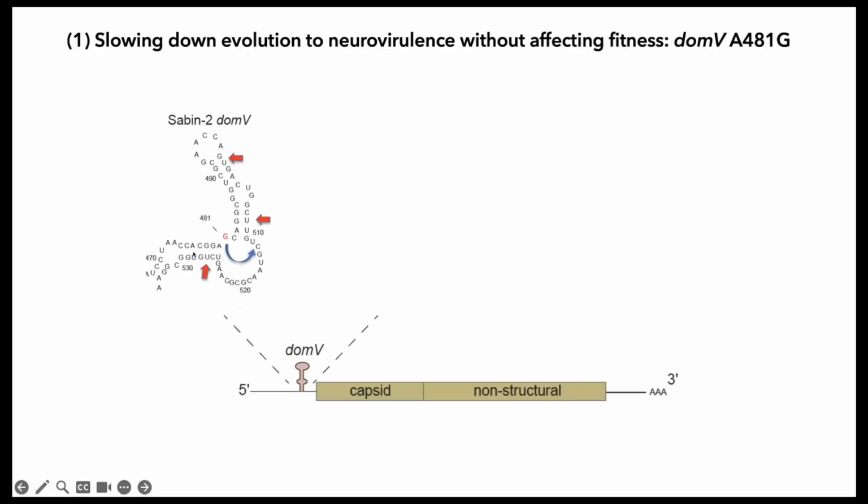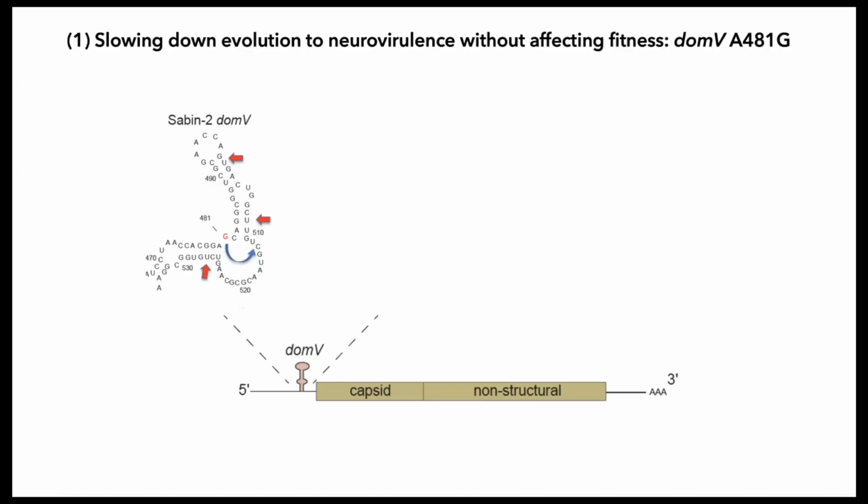This was the most common mutation observed, but there were additional mutations in other parts of the structure, GU base pairs, not Watson-Crick base pairs, that were converted to GC base pairs, more stable. And the overall delta G, the free energy of stability of the structure, was increased by this single point mutation.